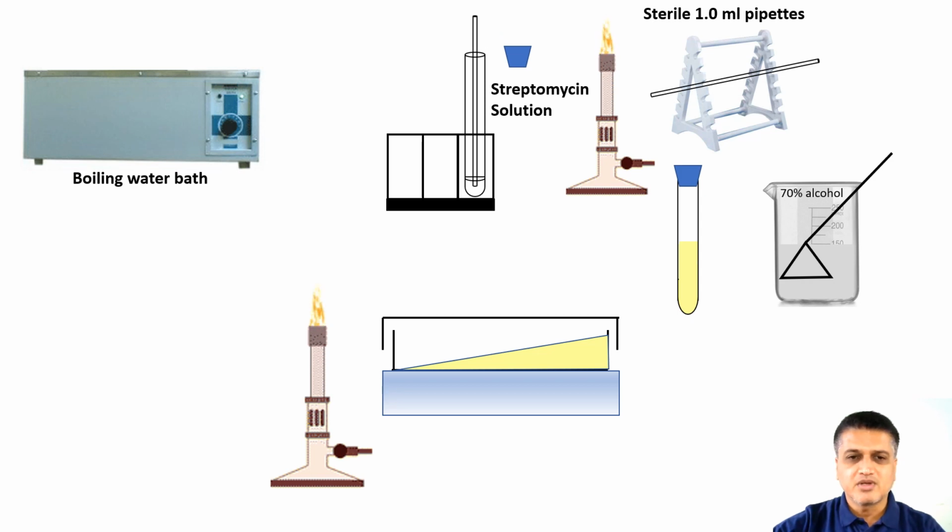Place 1 ml sterile pipette inside streptomycin solution tube. Now open the melted nutrient agar tube. Sterilize the mouth of the melted nutrient agar tube by keeping it in burner's flame for few seconds.